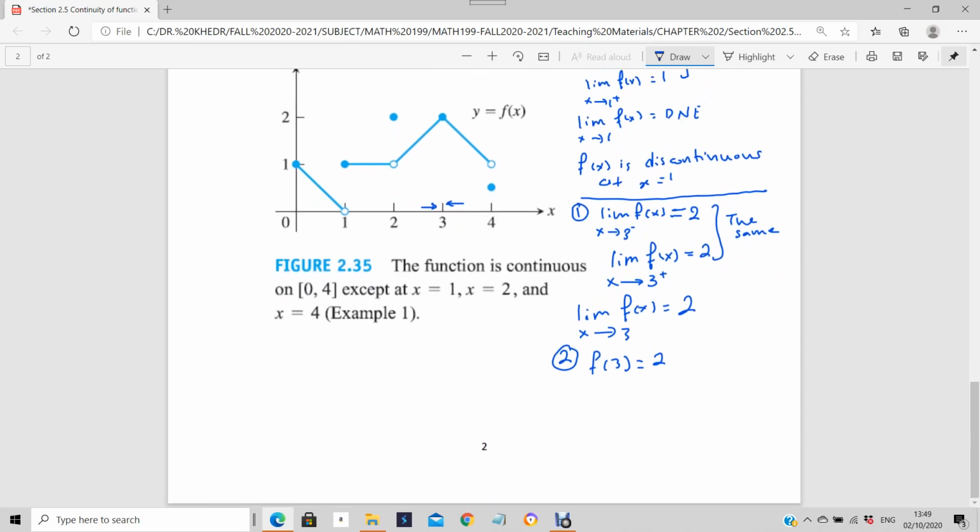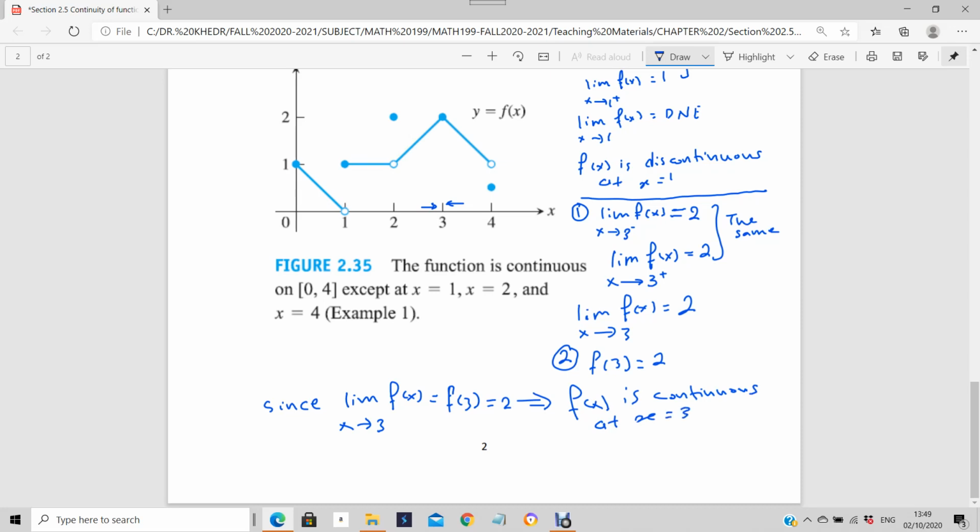We can write here, we can say since the limit of f of x as x goes to 3 equals f of 3, which is 2, then f of x is continuous at x equals 3.